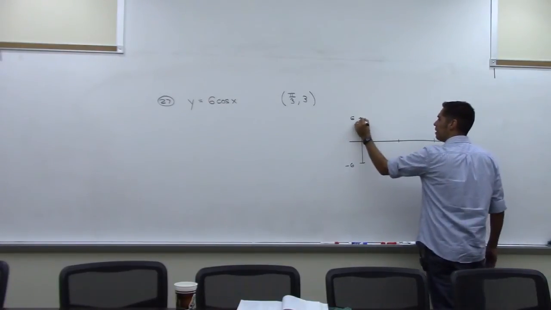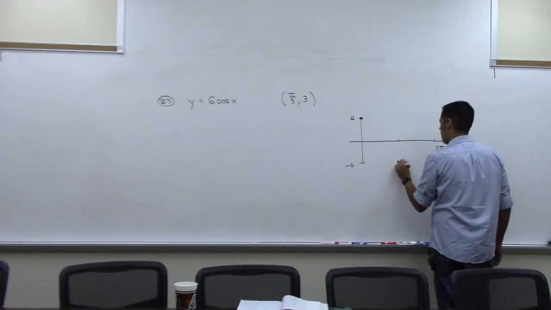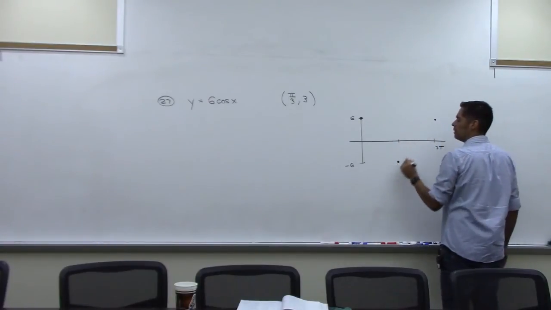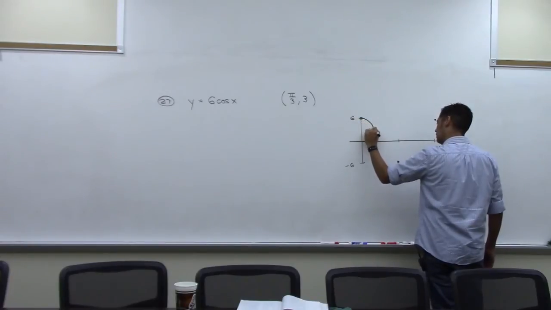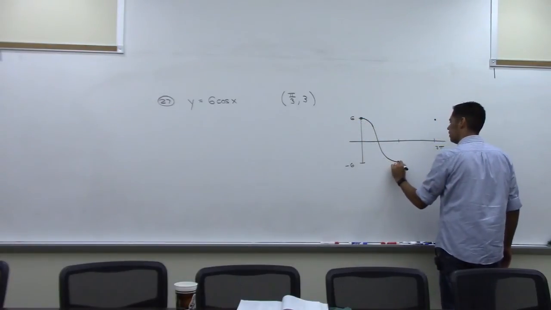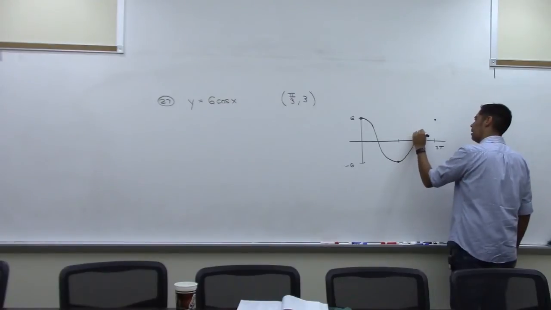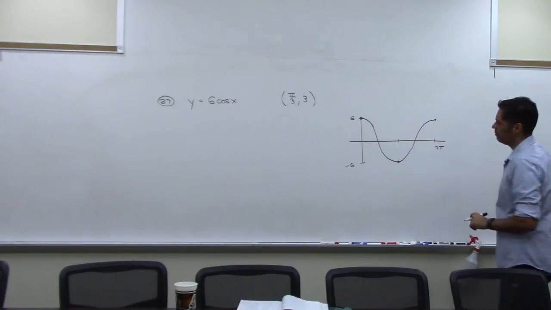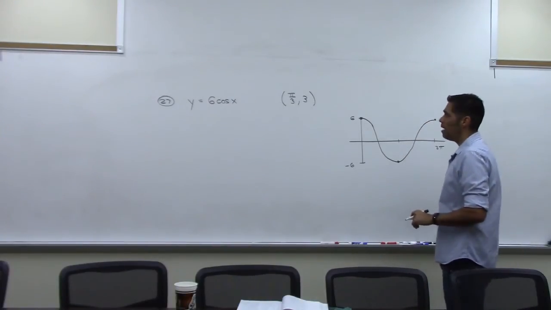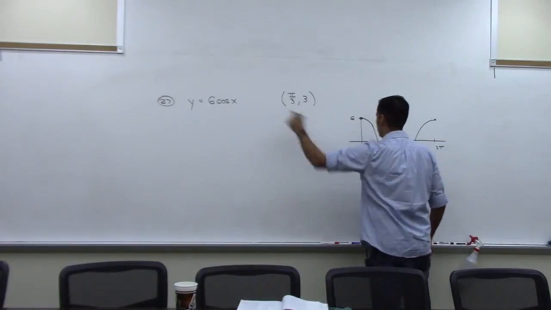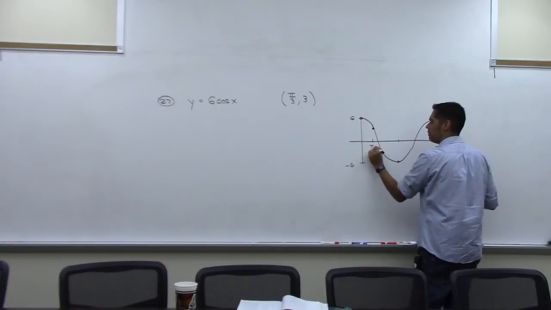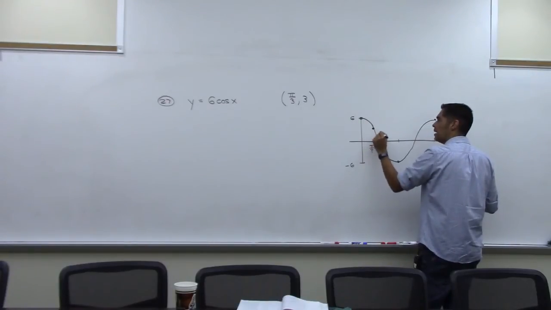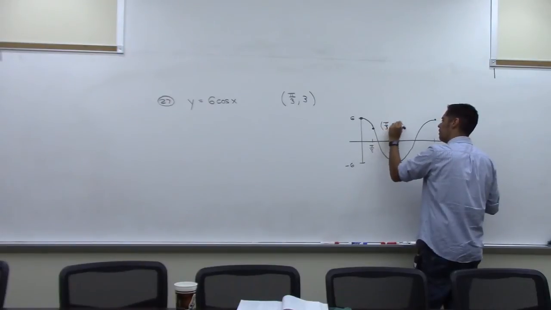And it starts up here, ends up here, and does something like this. Roughly, okay? Now, at pi over 3, if we plug it in, we get 3. So this is the point pi over 3, 3.